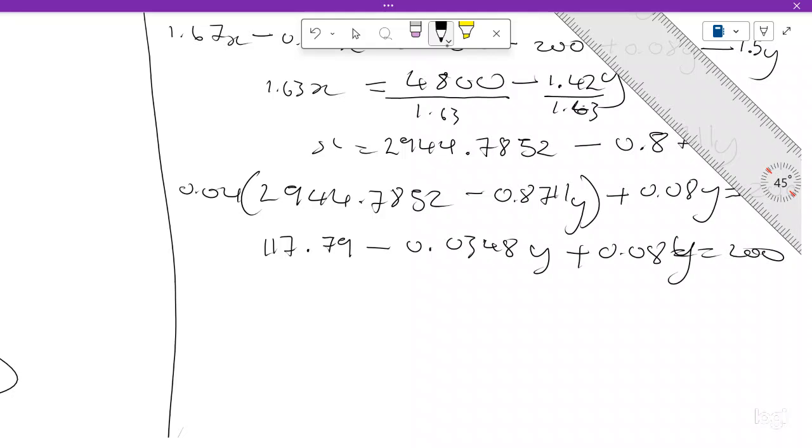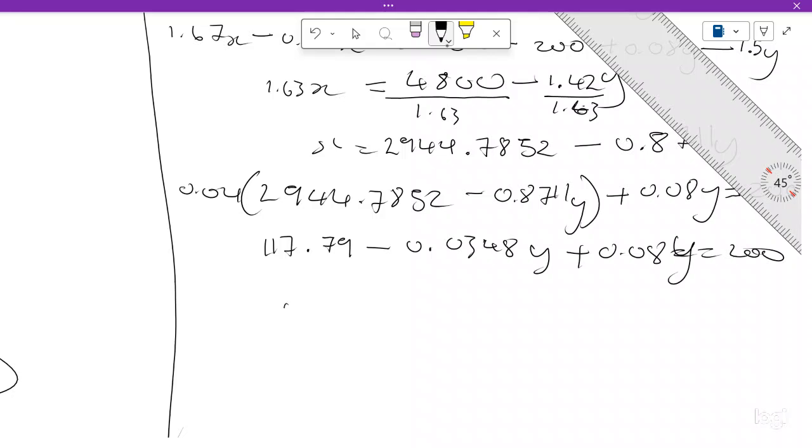Then we're getting a nice fraction of 0.02y plus 0.08y equals 200. Then 200 minus 65, we are left with 135.